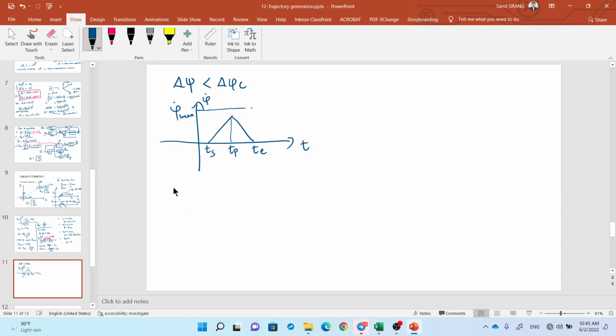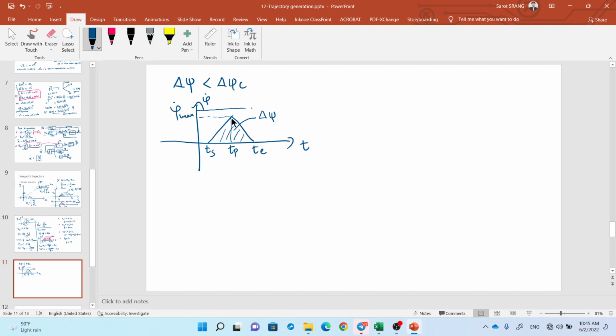So what you have is tp. You already know the area; the area itself is delta psi.